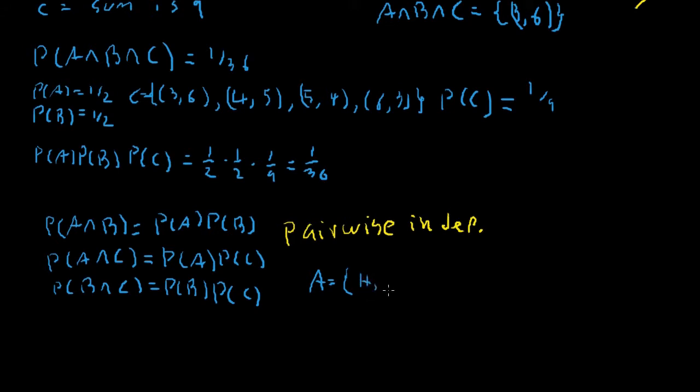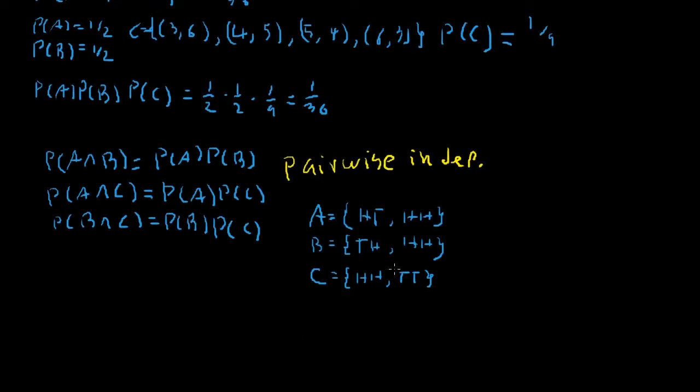So that's heads, tails, and heads, heads. Let B be the event that the second coin flips up heads. So we have tails, heads, and heads, heads. Now let C be the event where the number of heads that I see is even. So heads, heads, 2 heads, and tails, tails, 0 heads.